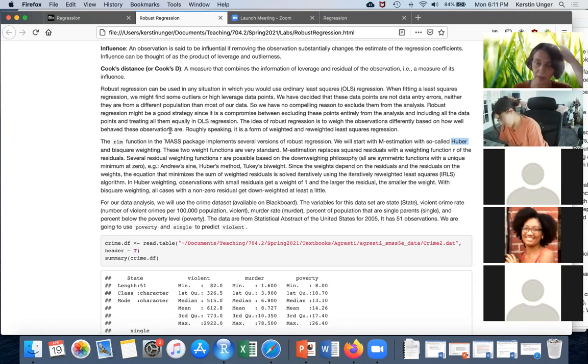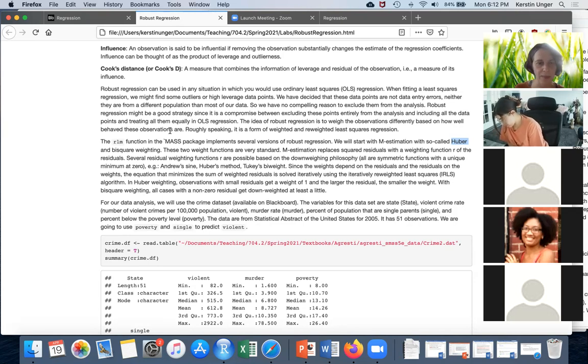The MASS package implements several versions of robust regression. One that's also a very popular method is called M-estimation, which was also in the slides from last week's class.